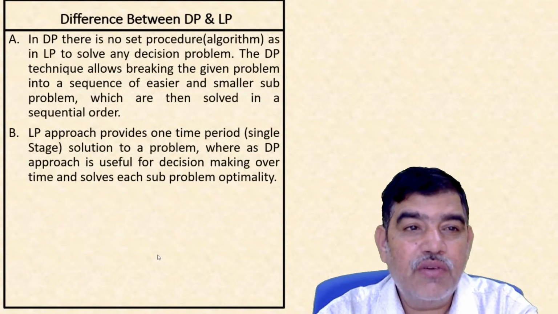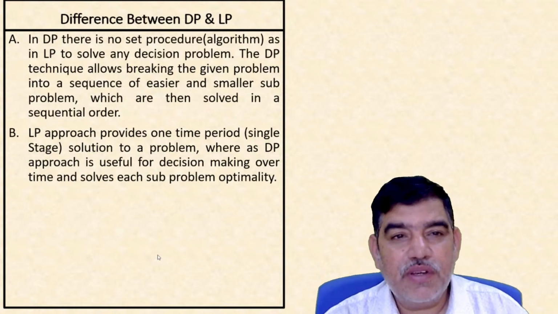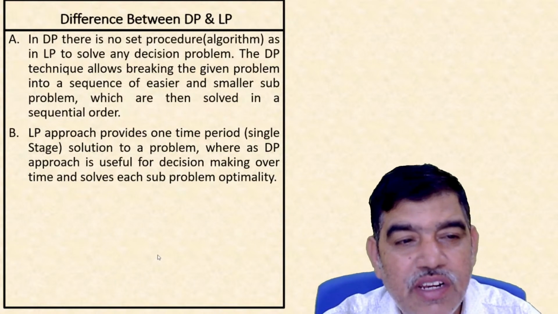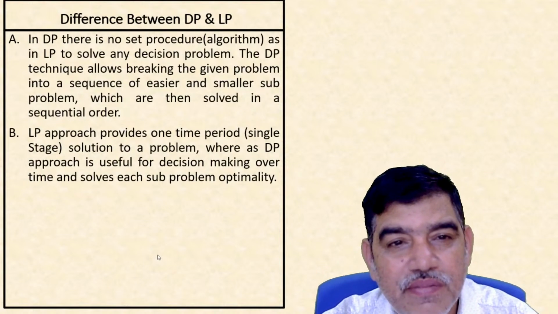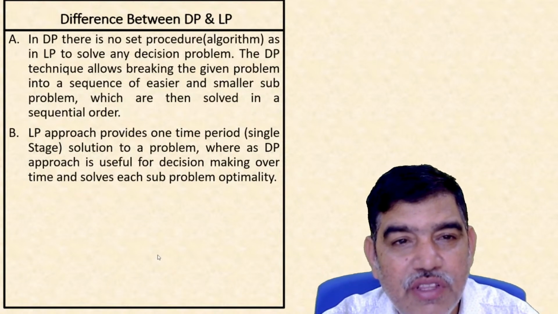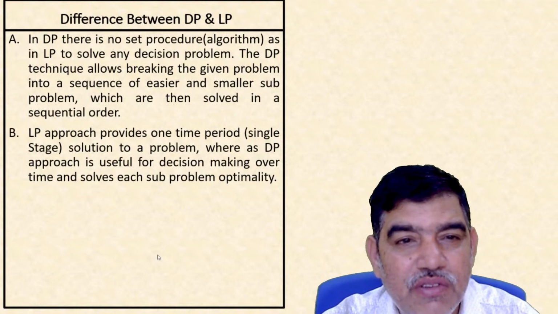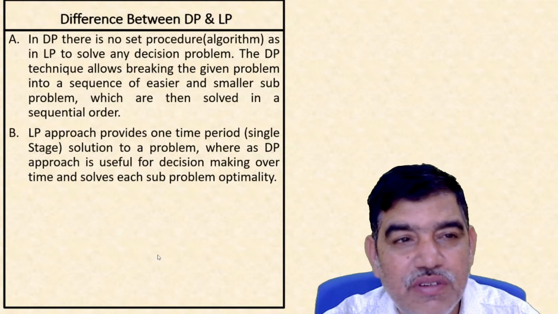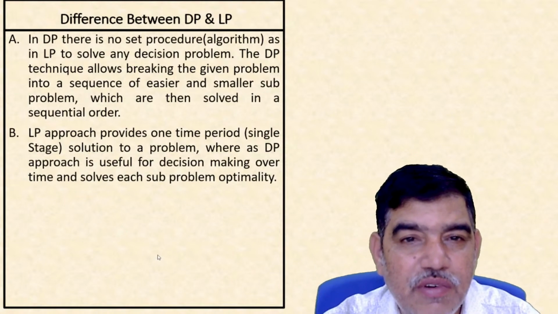Then we learned the difference between dynamic programming and linear programming. As we know, in linear programming, there is a certain fixed algorithm to solve the problem. But in dynamic programming, there are no set procedures to solve a decision problem.